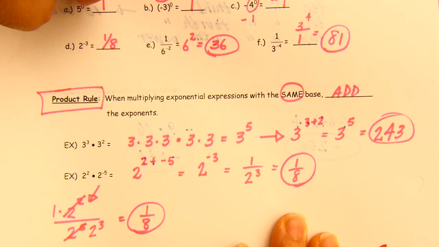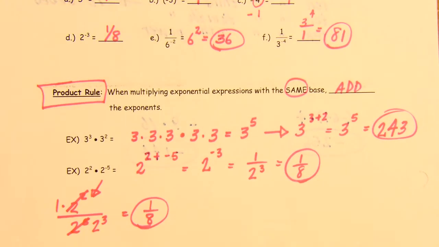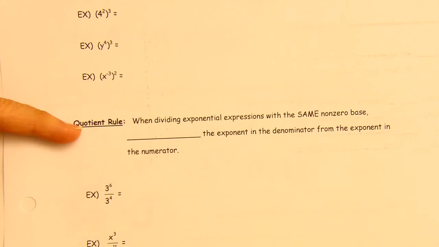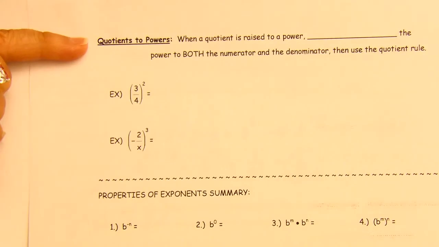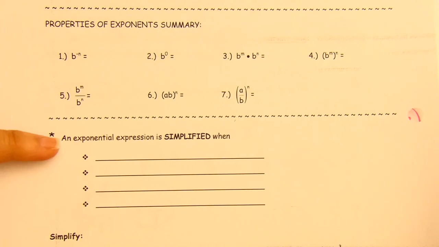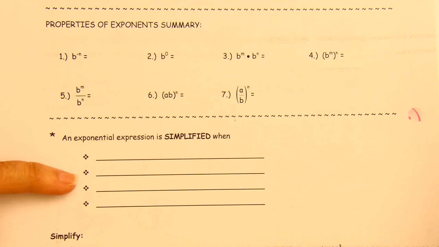I think I'm going to stop there, and there will be another video for you the next day, tomorrow, that continues this. Let's see, where else are we going with this? We are going to talk about the power rule, the quotient rule, products to powers, quotients to powers. Then we're going to give a summary of exponents and talk about what an exponential expression in simplified form looks like.